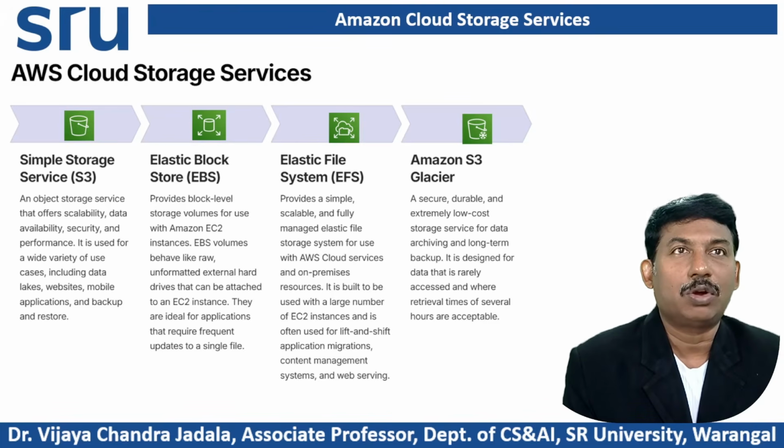EBS volumes have raw unformatted external hard drives that are attached to the EC2 instance, and they are ideal for applications that require frequent updates to a single file, which requires the volume to be measured in IOPS.